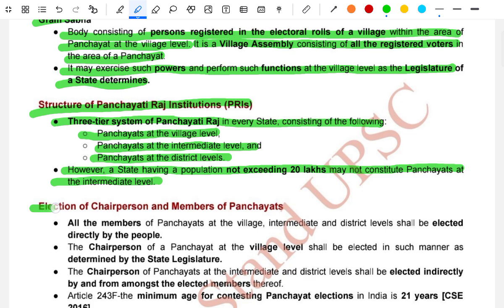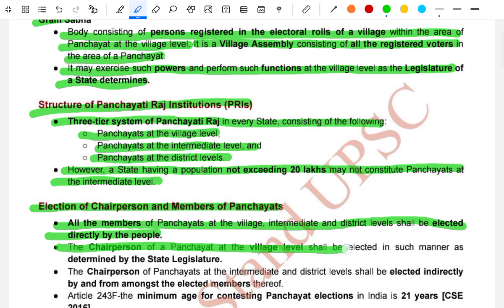The election of the chairperson and members of the panchayat. All the members of the panchayat at the village, intermediate, and district level shall be elected directly by the people. The chairperson of the panchayat at the village level shall be elected in such manner as determined by the state legislature.